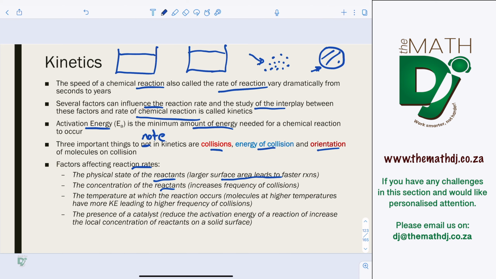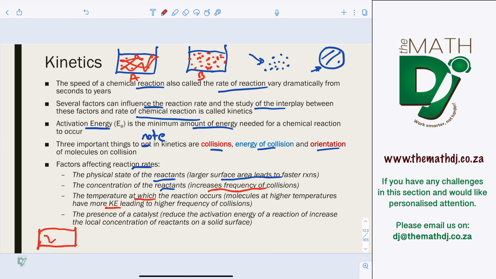So what we are basically saying is, when this one is at a higher temperature, it moves faster around the container, as opposed to a lower temperature, where it will be moving very slowly. So when the particles inside the container are moving faster, the frequency of collision is increased.